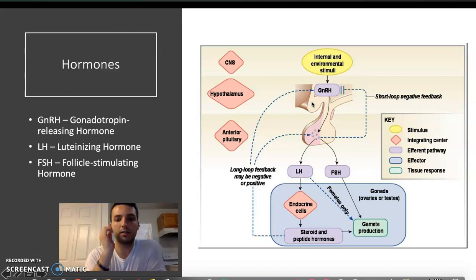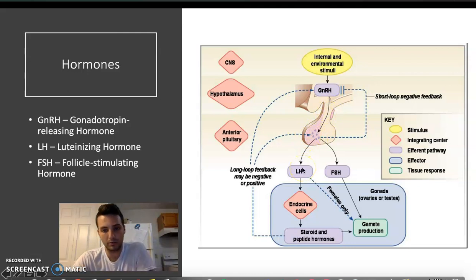Everything starts at the central nervous system in the brain, where, after stimulation, the hypothalamus will release gonadotropin releasing hormone, which will travel down the stalk of the pituitary and act on the anterior pituitary to release both luteinizing hormone and follicle stimulating hormone.